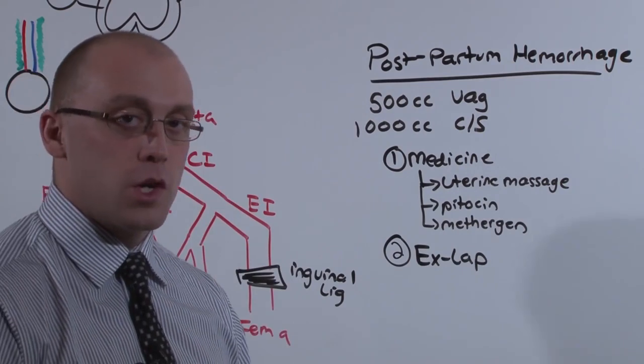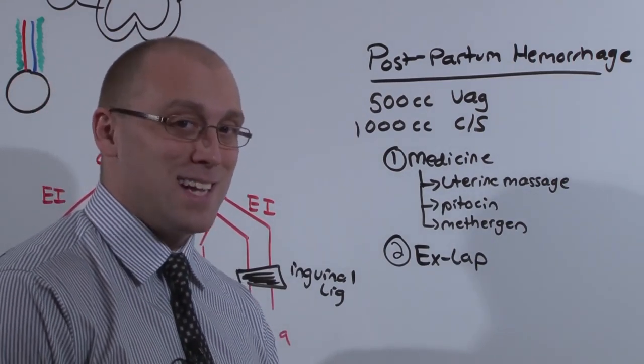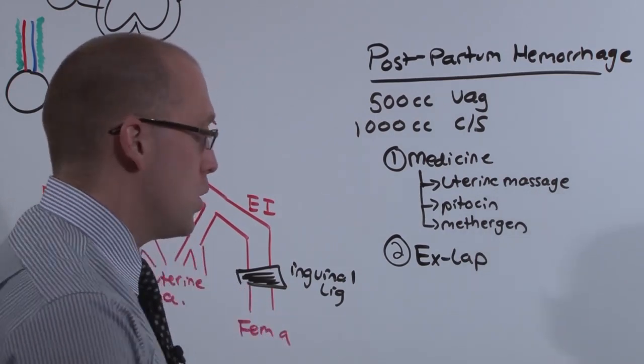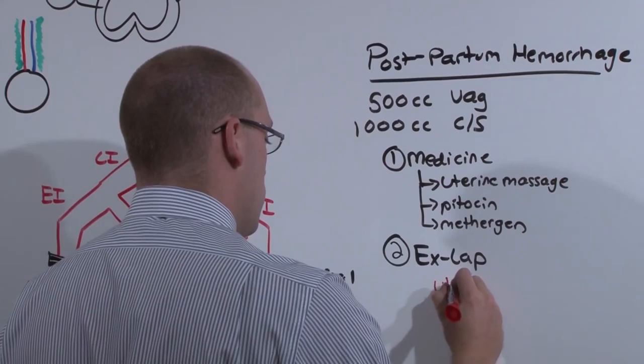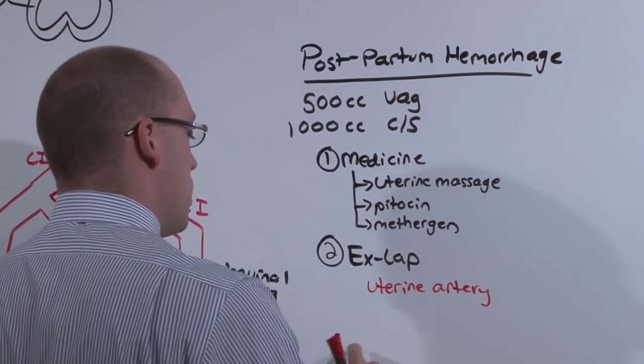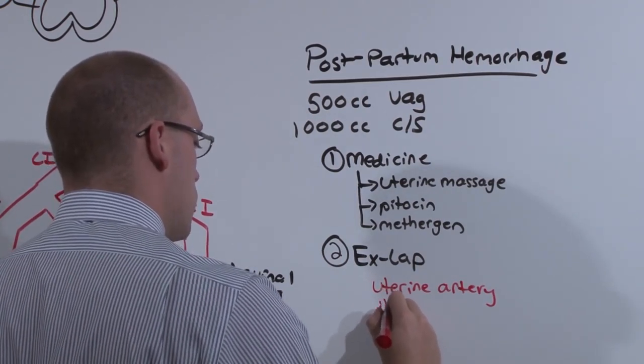What you go for is the arteries closest to the uterus. You want to preserve the uterus, not take it out, not kill any structures, but still prevent her from bleeding. So you're going to start with the uterine arteries. If you cannot control bleeding with ligation of uterine arteries, you're going to step it up to go for the internal iliacs.